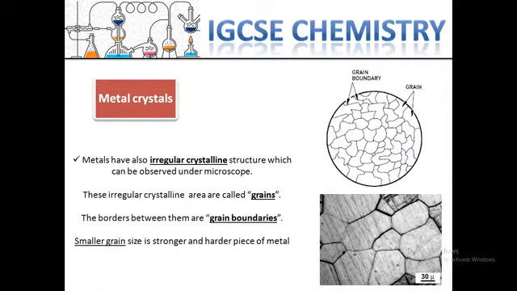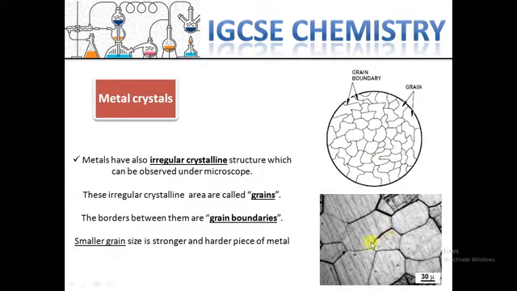And then other things: some of them, not all, have a very arranged structure. Some of them have an irregular crystalline structure which can be observed under a microscope. If you see those kinds of metallic lattices under the microscope, you can see this kind of shape.